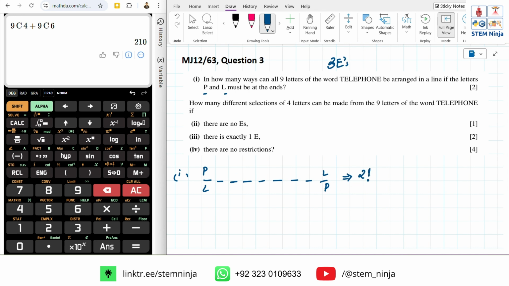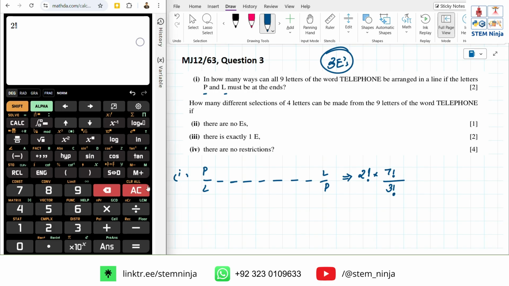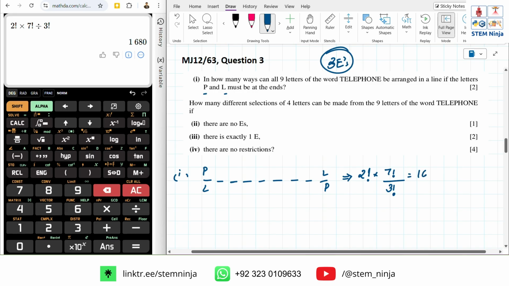That means 2 factorial times the rest of the 7 factorial. And among them were the three identical E's. So 2 factorial times 7 factorial divided by 3 factorial. So this is 1680.